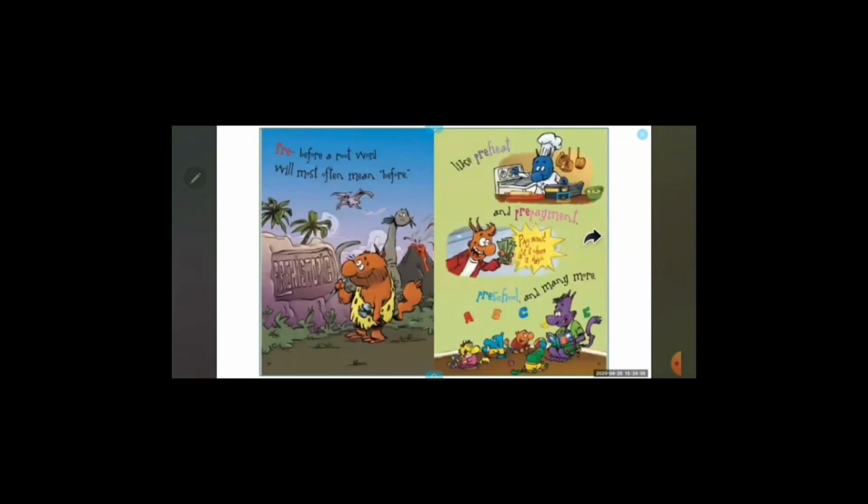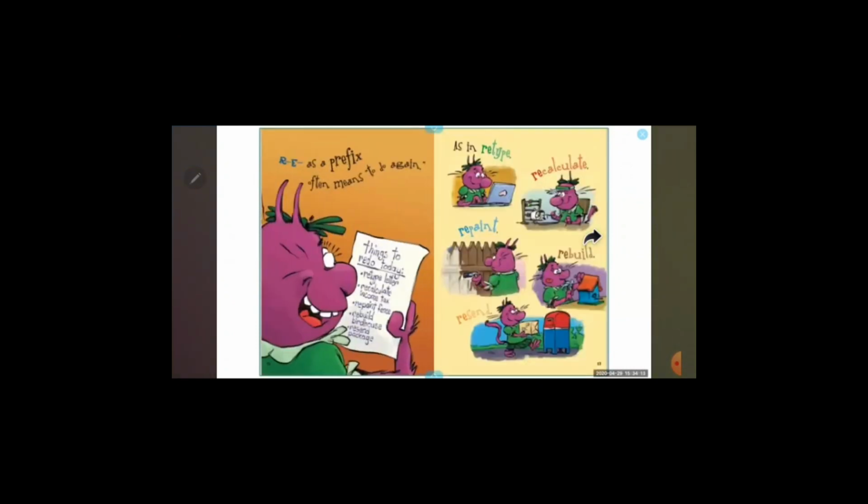Pre before a root word will most often mean before, like preheat and prepayment, preschool, and many more. Re as a prefix often means to do again, as in retype, recalculate, repaint, rebuild, resend.